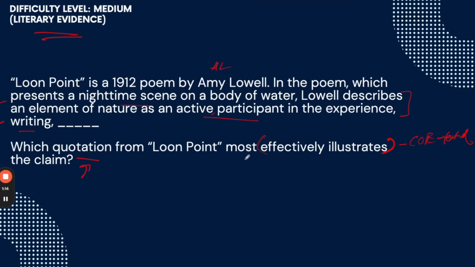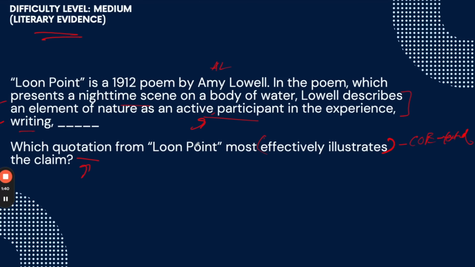So what is the claim saying over here? So this person is describing an element of nature, and that element of nature is being an active participant. What is the meaning of being an active participant? It means that the natural element, like the moon, water, etc., is doing something or interacting with the scene in a way that suggests it is more than just a background detail.